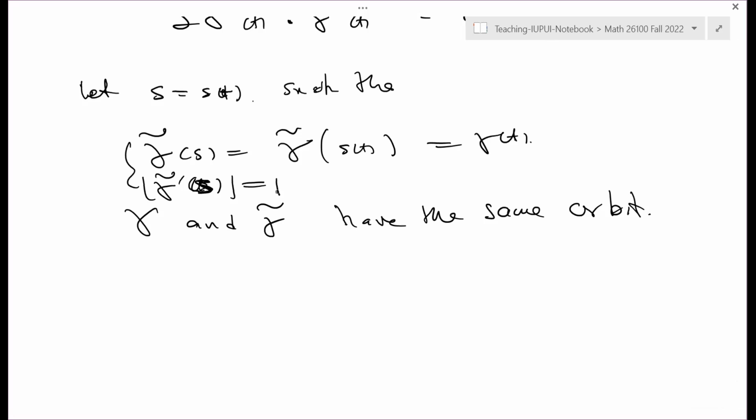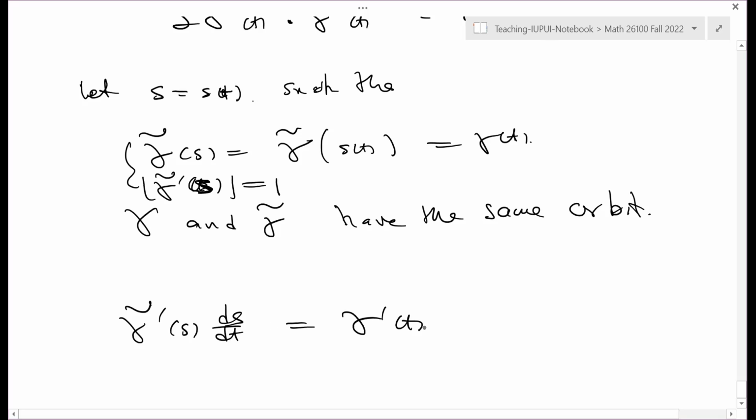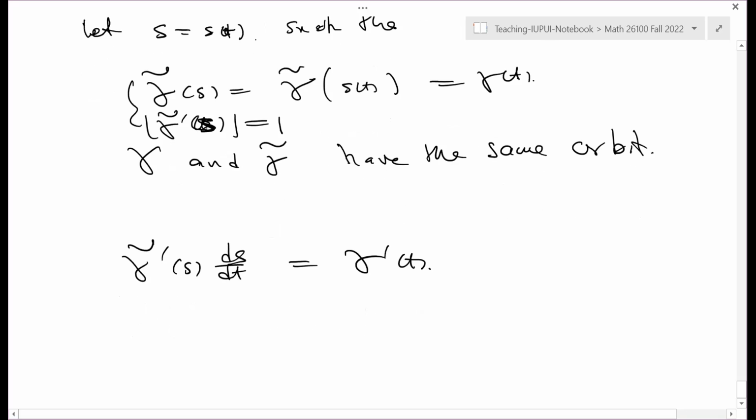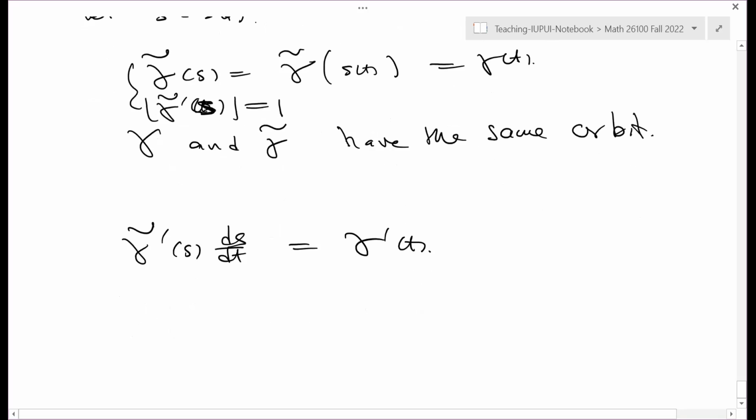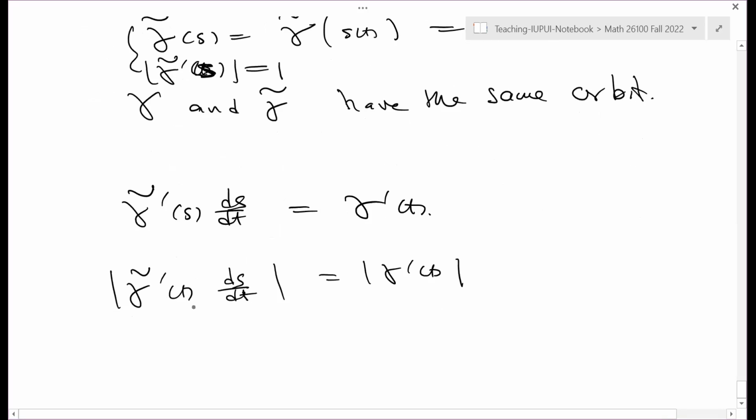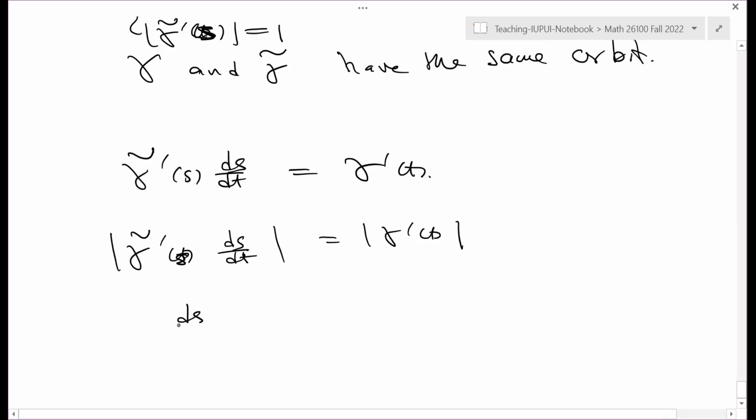Well, you differentiate both sides with respect to S. Right? Then, since this is a unit, okay, so this is a unit here. So you can find the parameterization using this.